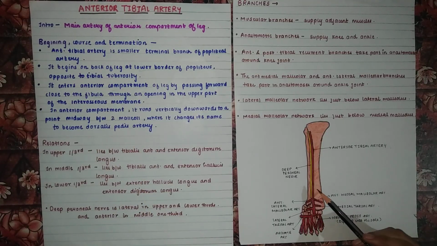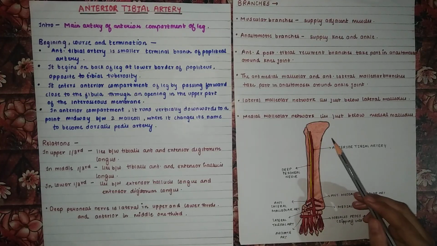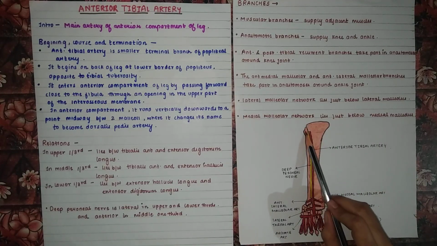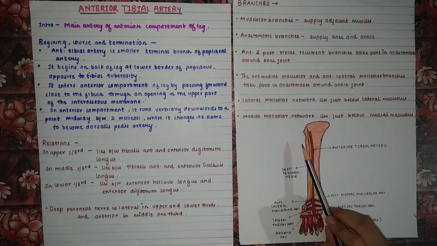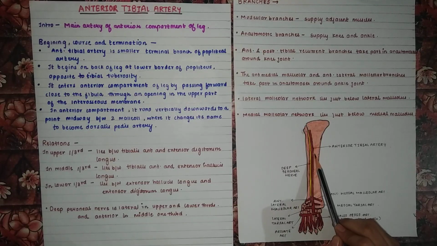We can understand with the help of the diagram. It is a terminal branch of popliteal artery, where it begins at the lower border of popliteus muscle opposite to the tibial tuberosity. This is the tibial tuberosity. Then it enters the anterior compartment of leg by passing close to the fibula bone through an opening in the upper part of interosseous membrane.